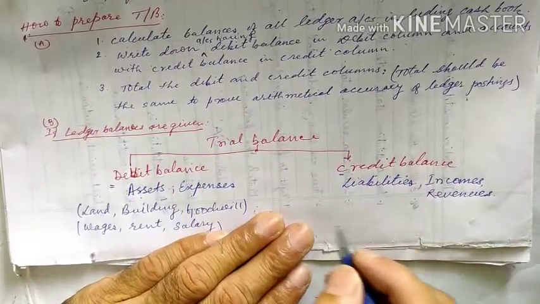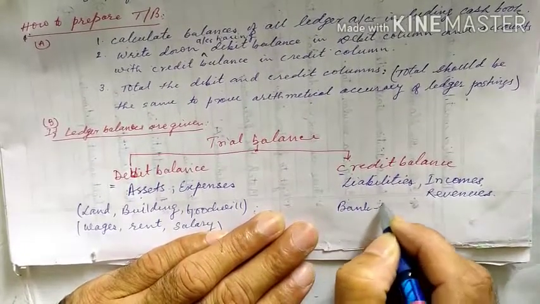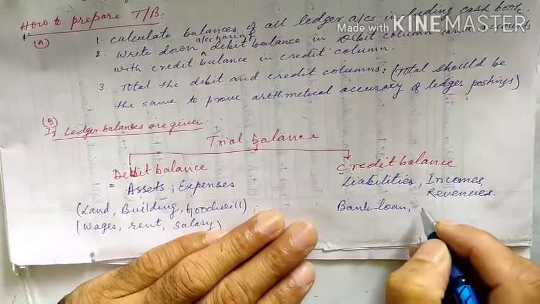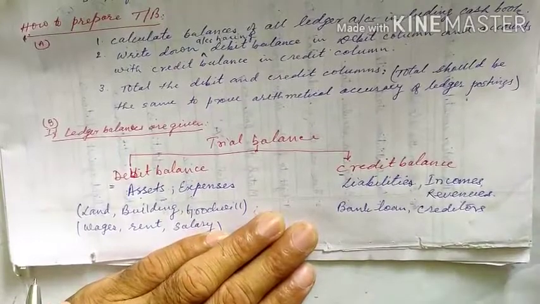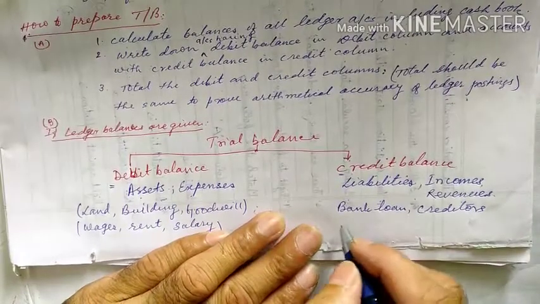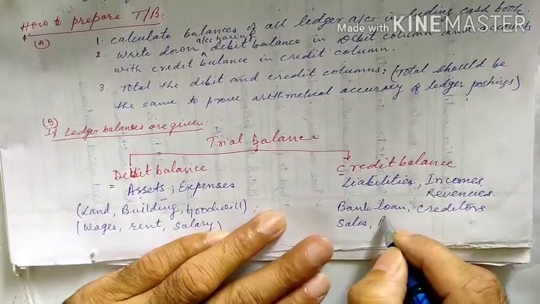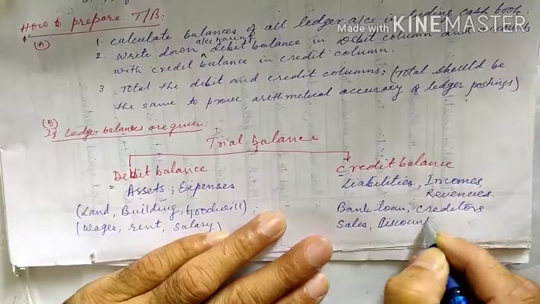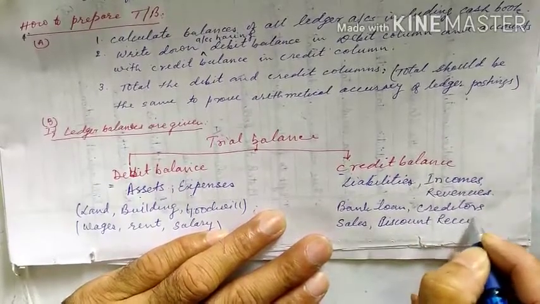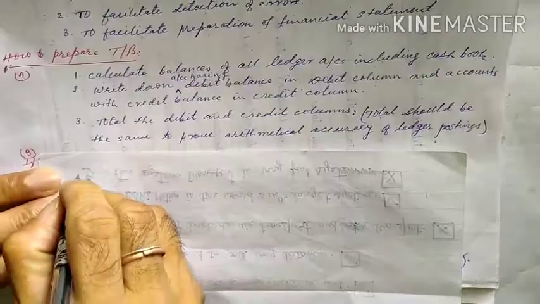Examples of liabilities are bank loan and creditors. Examples of incomes or revenue are sales, discount received, and so on.